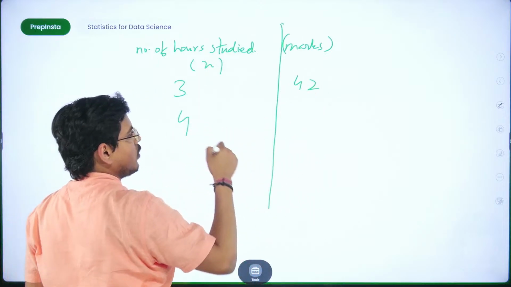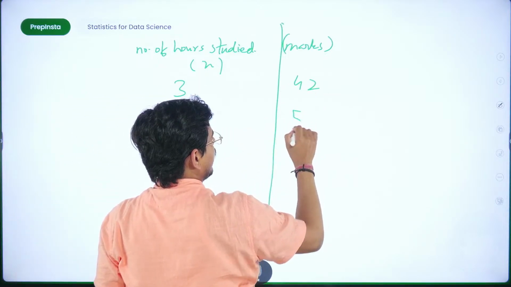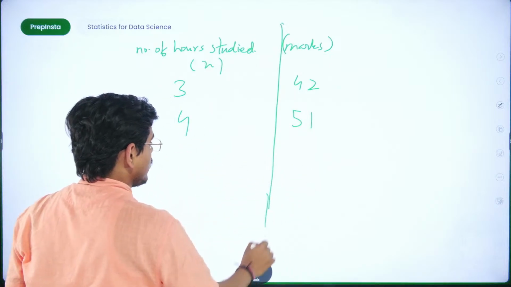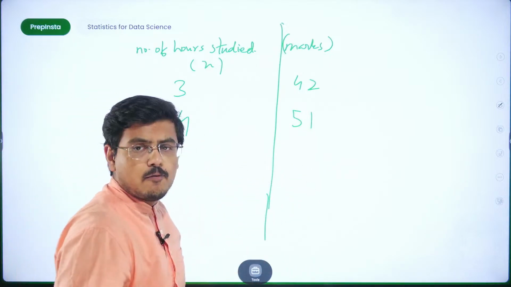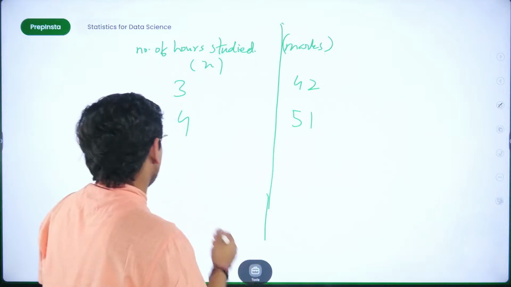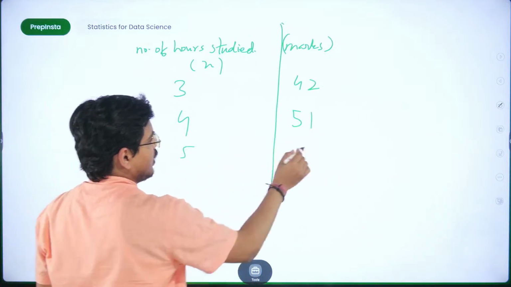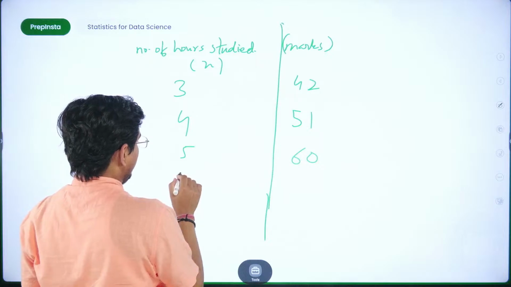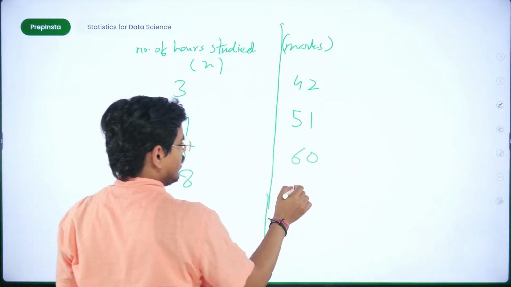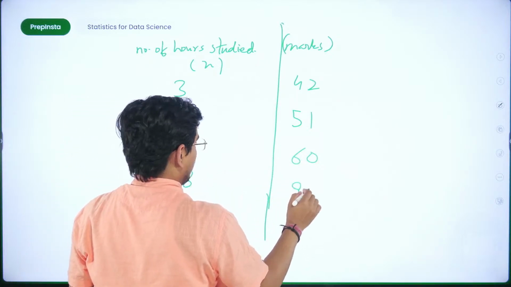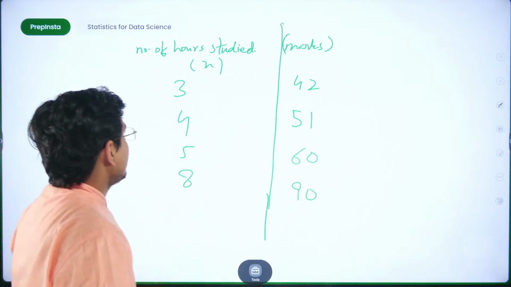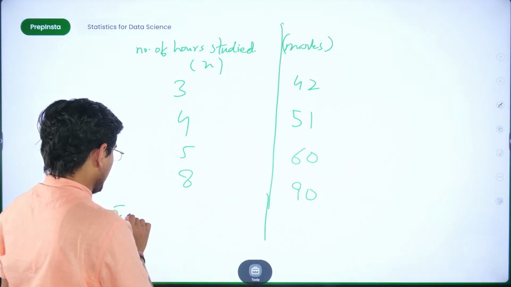Somebody who studied 4 hours, he got 51 marks. And deliberately I am writing these odd numbers so that we should get some actual positive output. Then if somebody studied for 5 hours, he got 60 marks, and somebody who studied for 8 hours got, say, 90 marks. Fine. Now when I try calculating the averages, how do they look?